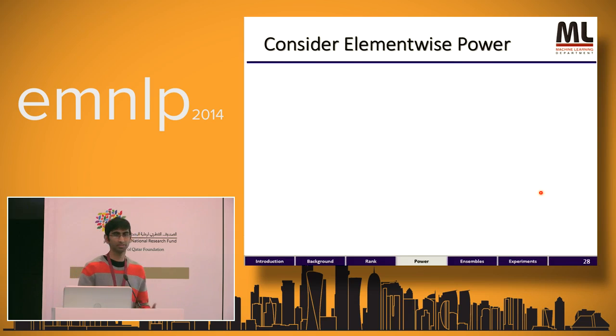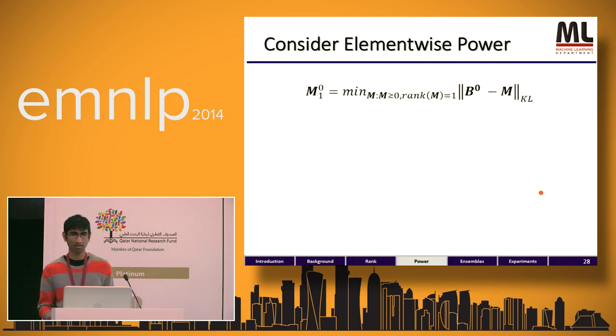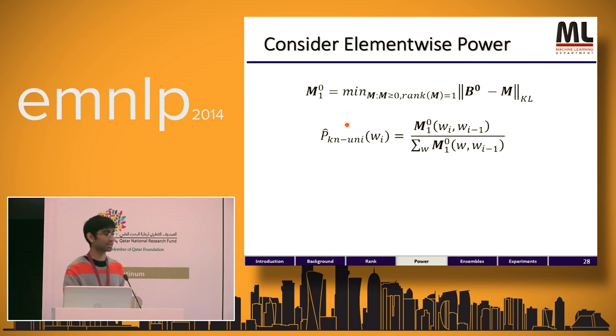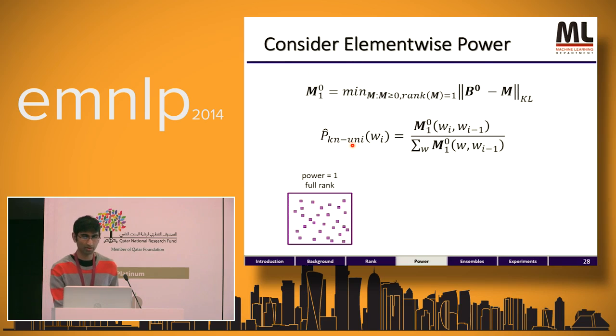And so we can have a similar theorem that we had before. Instead of taking the rank 1 approximation of B, we can take the rank 1 approximation of B to the element-wise power 0. And this equals the Kneser-Ney unigram instead of the MLE unigram. And so now, graphically, we had a power 1 full rank bigram.